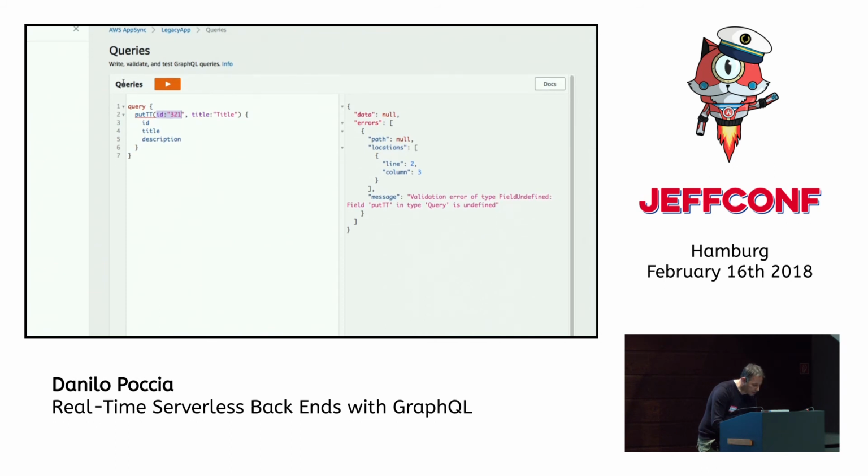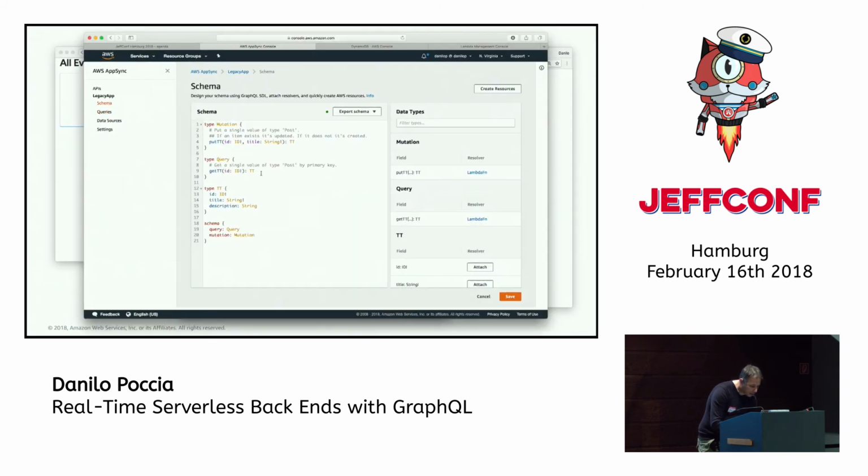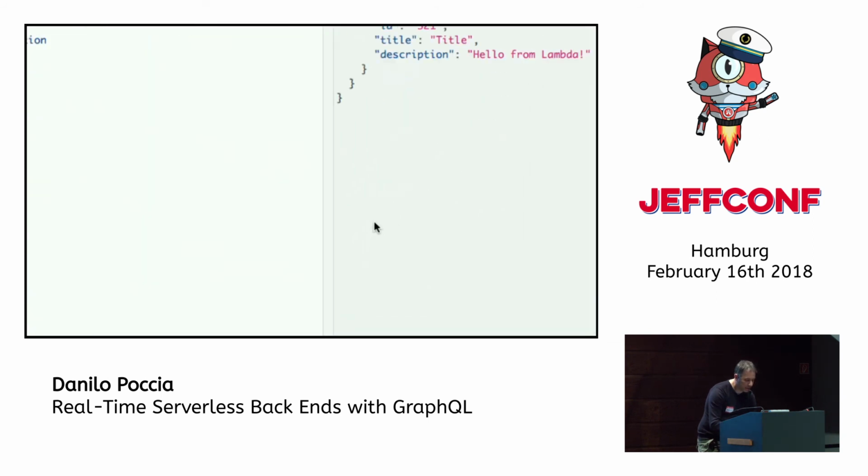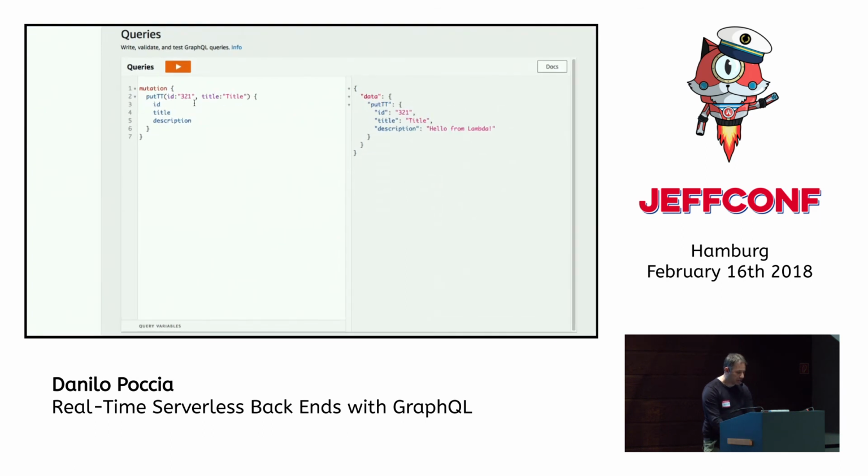Let me double check the schema here for the put. Yeah, it's the ID and the title. So maybe it's not a query, but it's a mutation. And now I can run the mutation to change the data. So now I can create new trouble tickets and change the ticket as much as I want. And this is updated by the Lambda function.